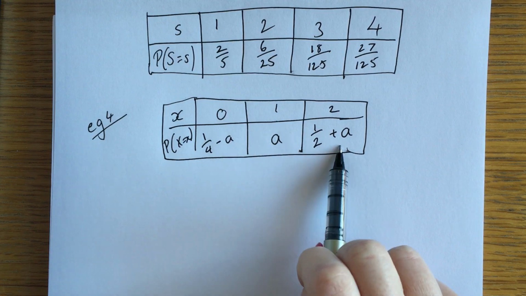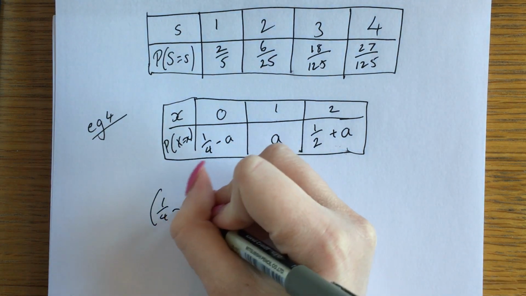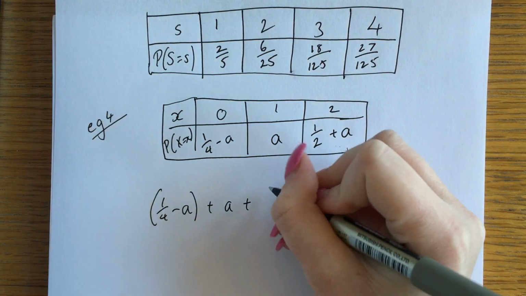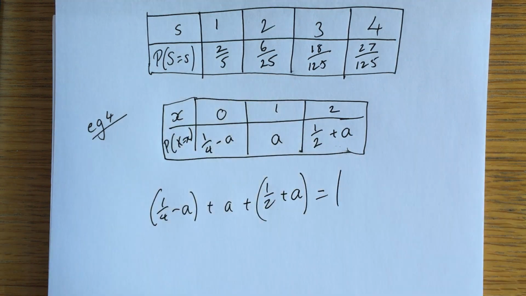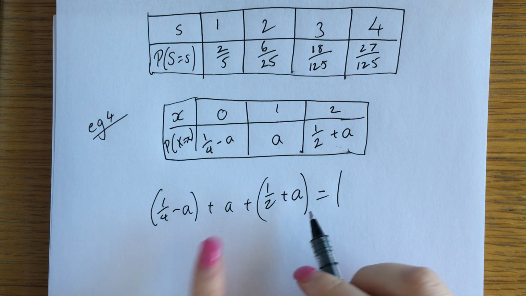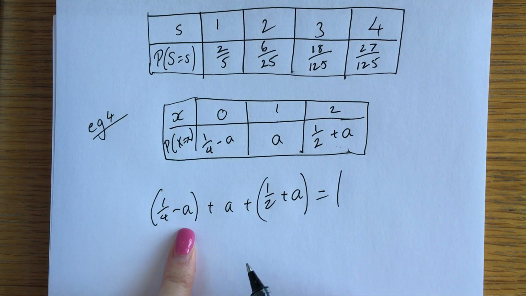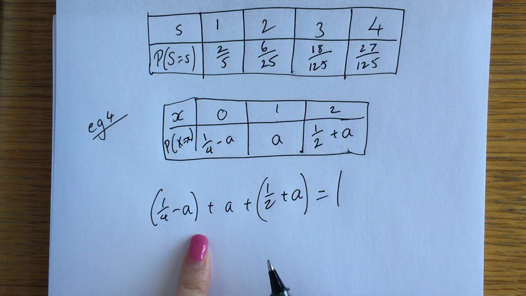A reminder that these add up to 1. So we're going to expand these brackets. It's really important that I've put brackets around them. I've got a negative, so we don't forget that, although because here we're adding it together, it's not so much of an issue.